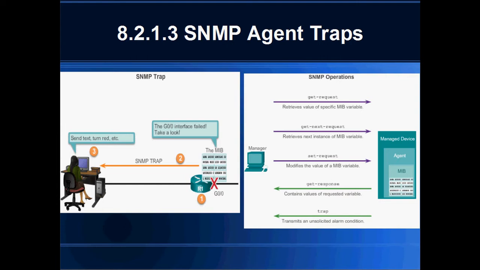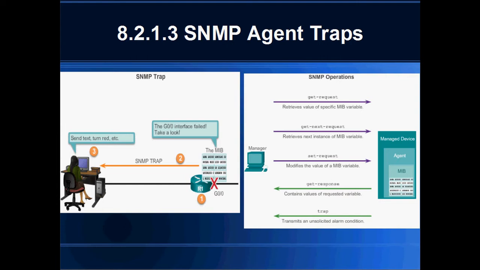To mitigate this problem, the SNMP agents can generate and send traps to inform the NMS immediately of certain events. Traps are unsolicited messages alerting the SNMP manager to a condition or event on the network.